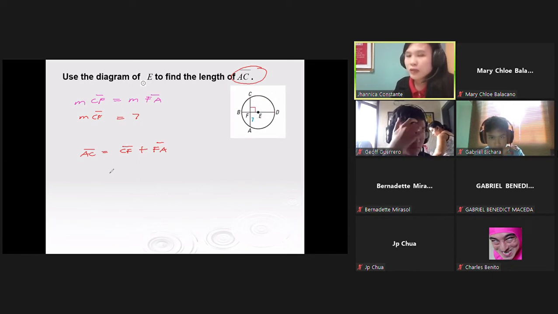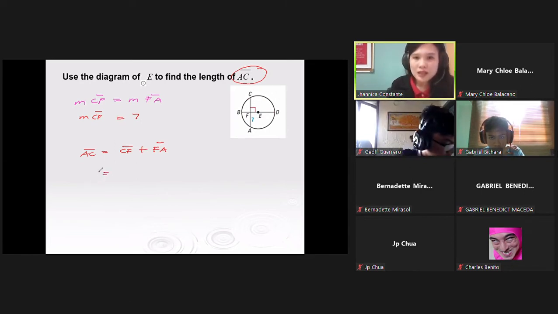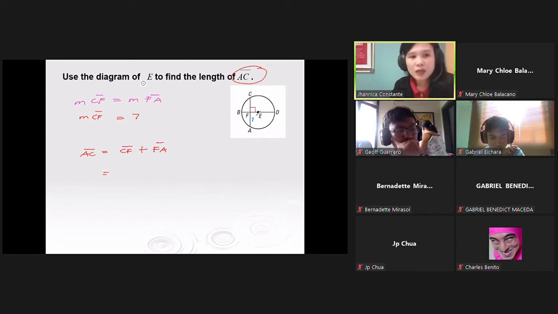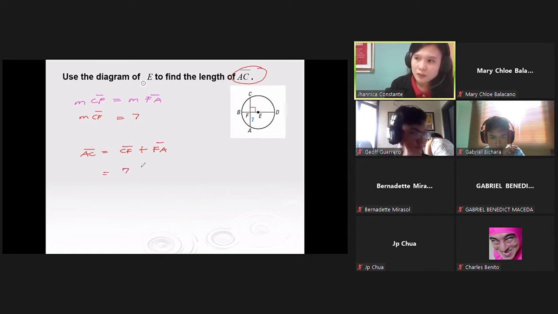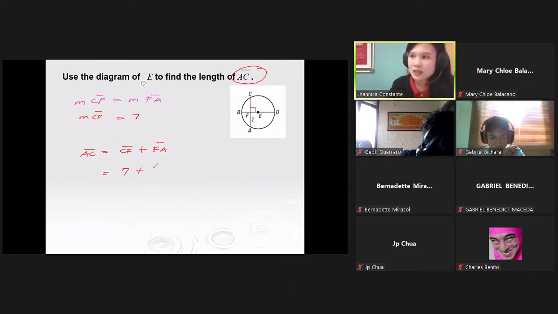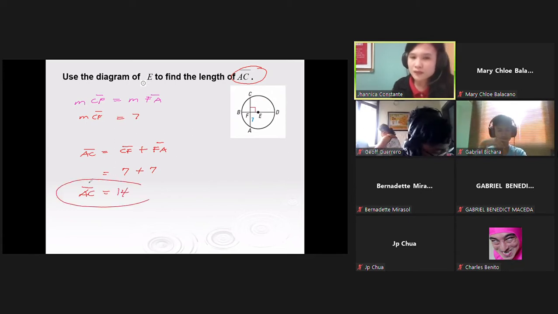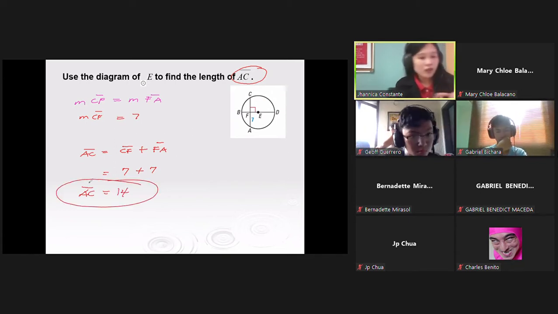So the measurement of our chord AC is equal to the sum of the measurements of the two line segments made by our diameter BD. So CF is equal to 7 plus the measurement of the line segment FA, which is also equal to 7. So the chord AC that we have in our circle is equal to 14. So that's the measurement of our chord AC.